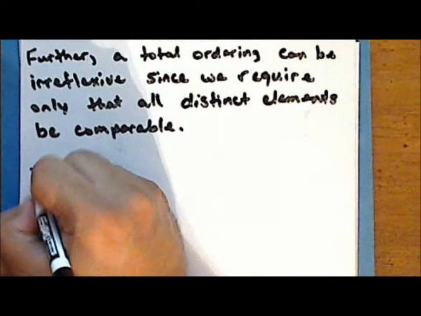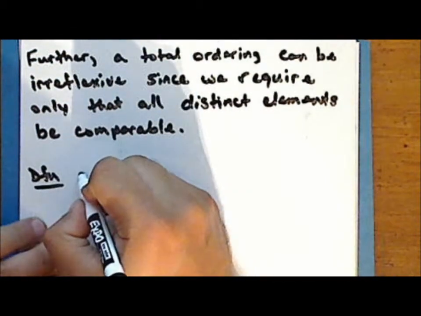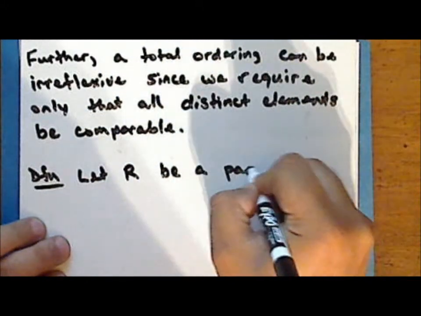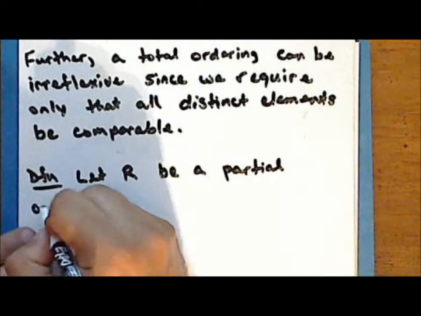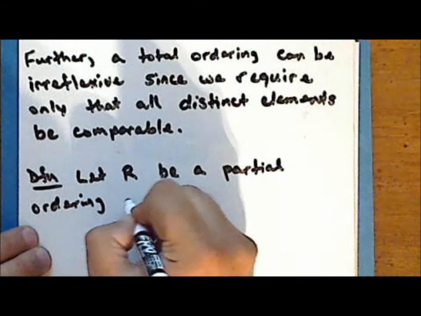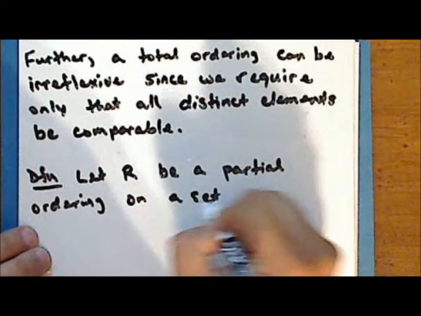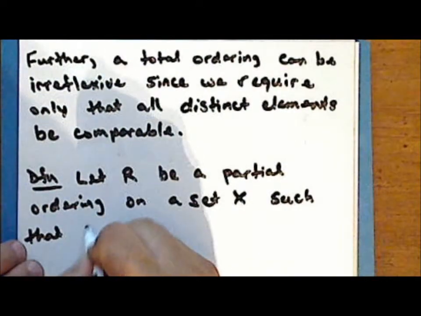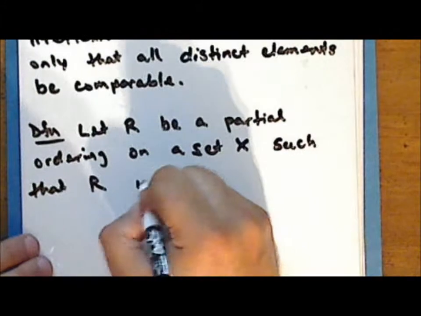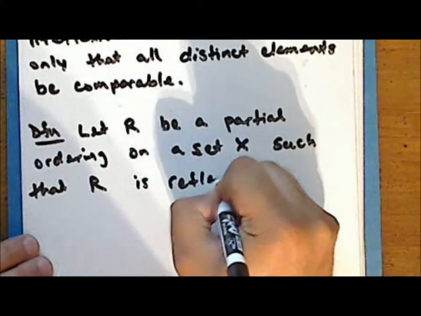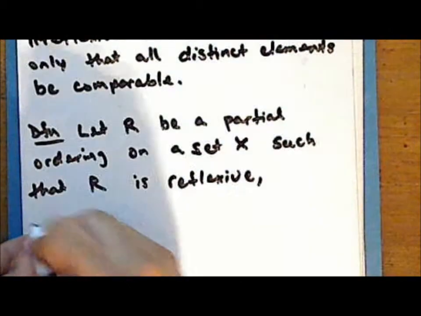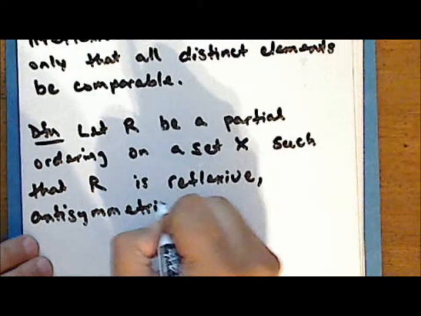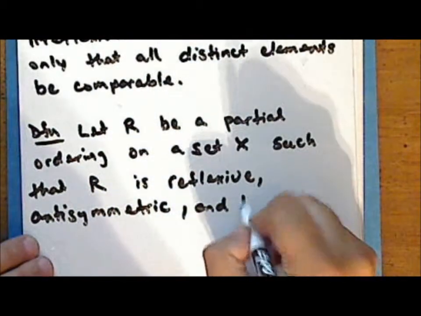Okay, new definition. Let R be a partial ordering on a set X such that the relation R is reflexive, antisymmetric, and transitive.